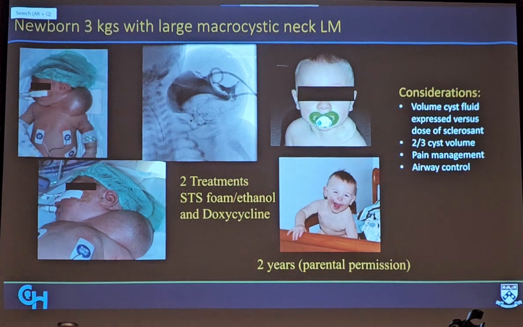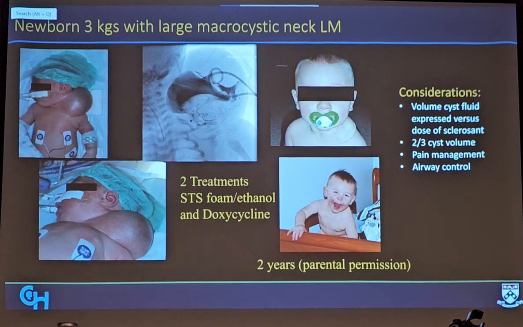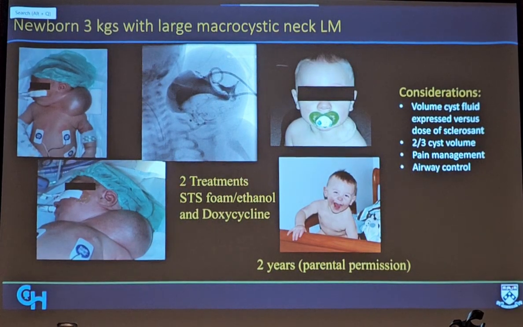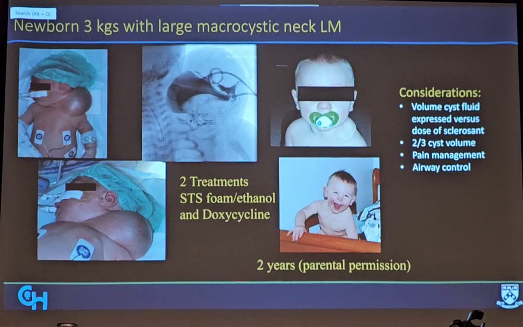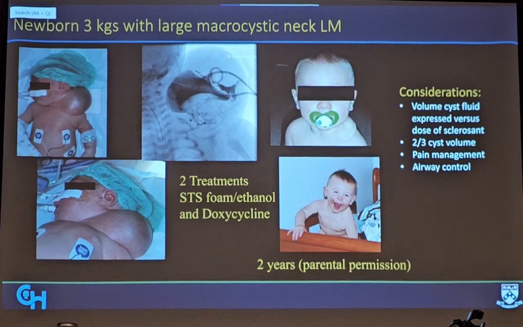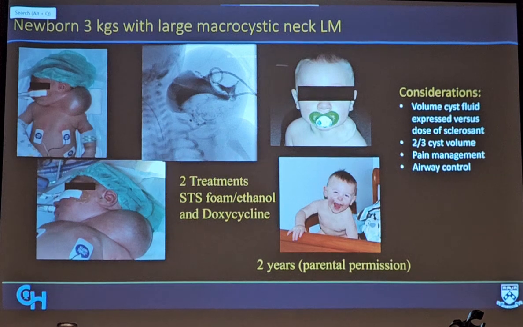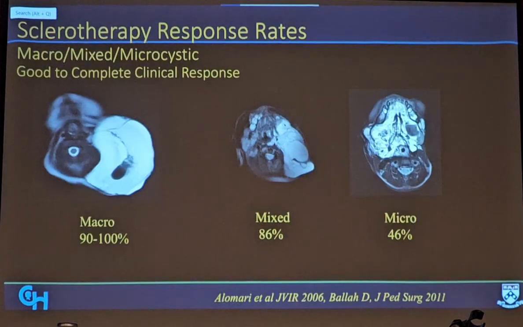In a very good experience, at least a newborn of 3 kilos with a large macrocystic neck lymphatic malformation, the treatment there was 2 treatments of this sclerotherapy by the team using this escape form of ethanol and doxycycline that is well used in the US, I think, by that time, and it expressed much improvement or survival condition of the airways and the lesion decreased in size.